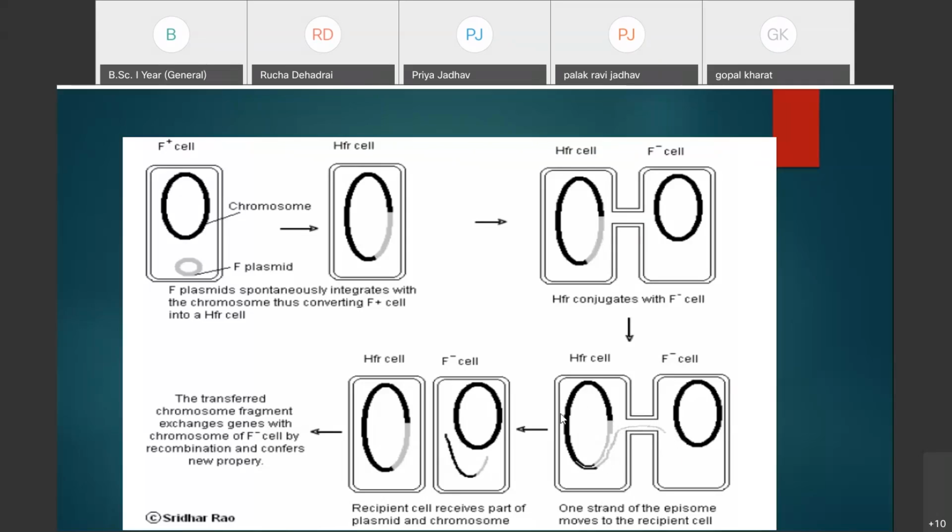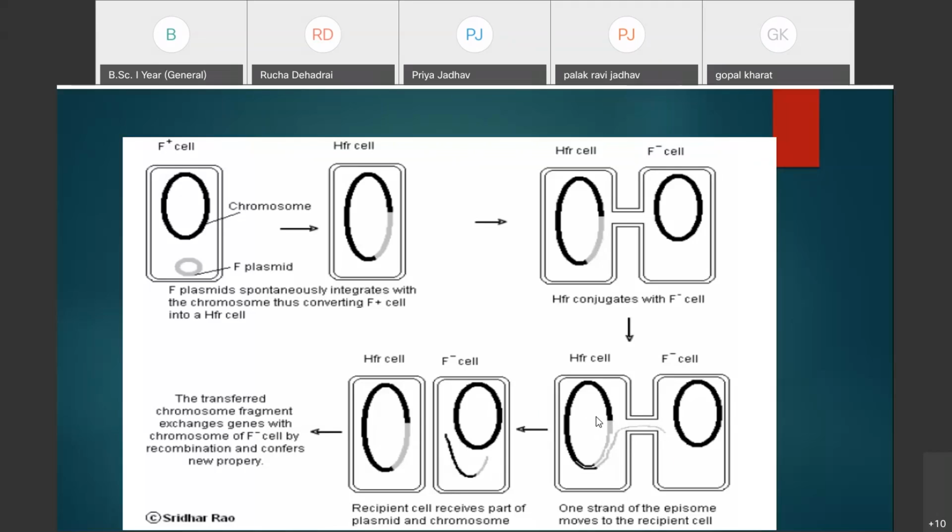The HFR cell chromosome replicates, and the parental strand of the chromosome is transferred to the recipient cell. Okay, and the transfer of the small f factor also takes place along with the parental strand.